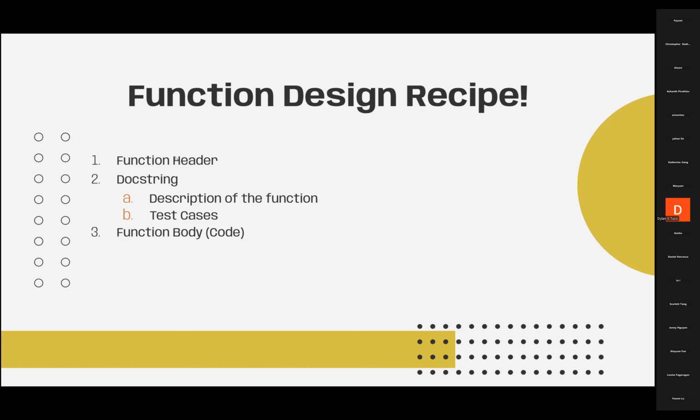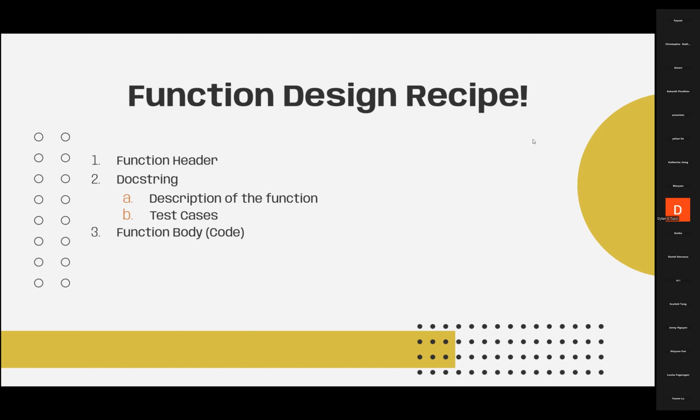Okay, let's talk about the function header. Essentially, the header indicates the function name and what we need to put into that function, so what our arguments and parameters are, and what's passed through. Afterwards, it tells us the type of the return value.